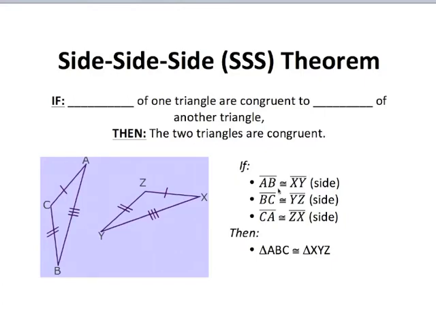If that's true, and BC is congruent to YZ, which is true because those both have 2 tick marks, and CA is congruent to ZX, which we also know is true because they only have 1 tick mark, but they both have it, then our triangles ABC and XYZ are congruent.